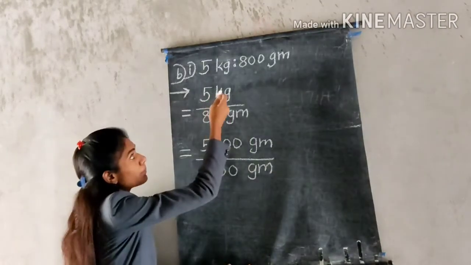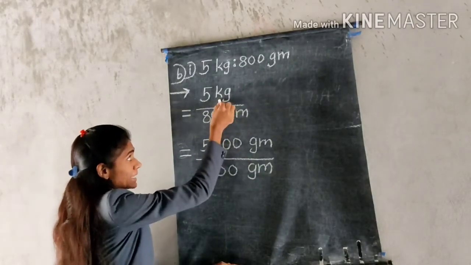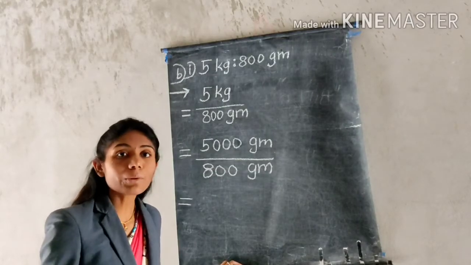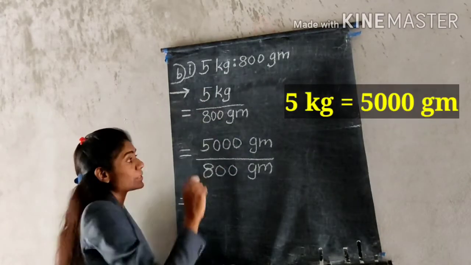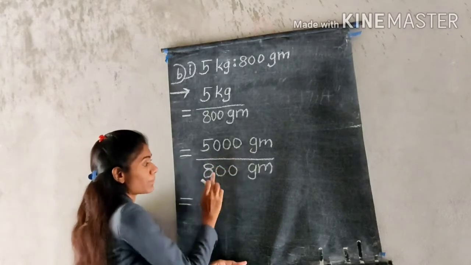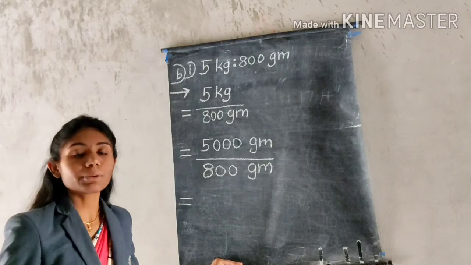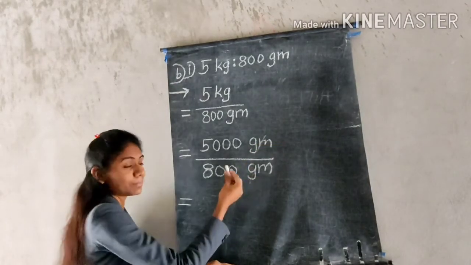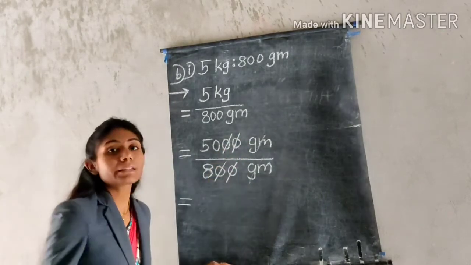So we write 5 kg upon 800 gram. Now we convert this kg into gram because we know 1 kilogram equals 1000 gram. So 5 kg equals 5000 gram. Now 5000 gram upon 800 gram. In this we need to simplify to get our final answer. The units will get cancelled. Now the 0 and 0, two 0s will get cancelled.